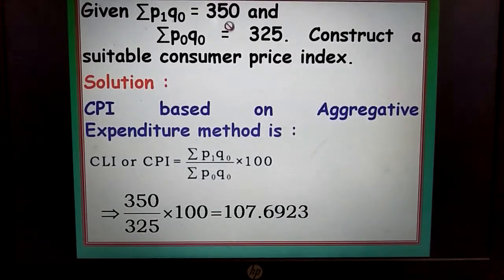Substitute the given values, multiply it by 100, you are going to get 107.6923, which is nothing but, interpretation goes in this way, 7.6923% increase in consumer price index in current year as compared to base year.